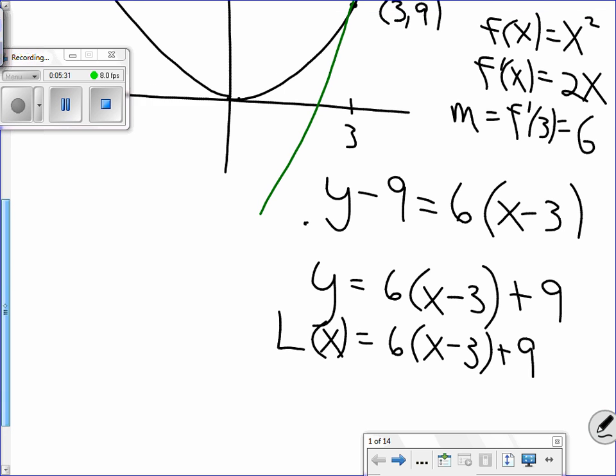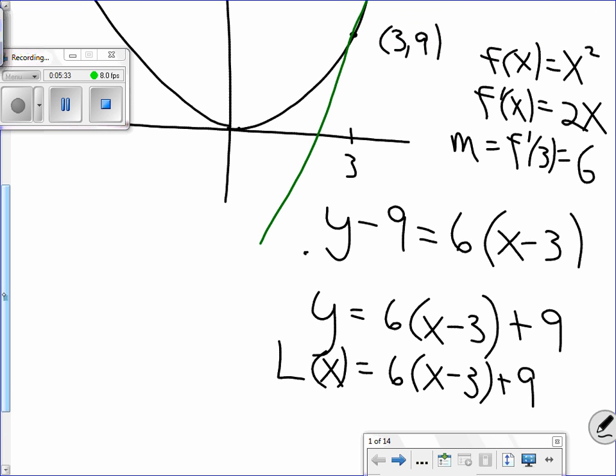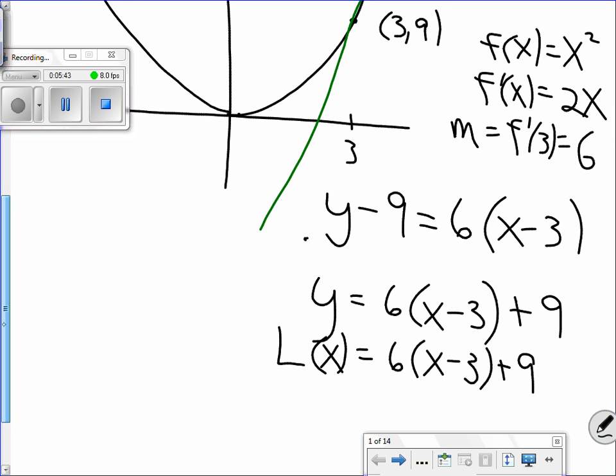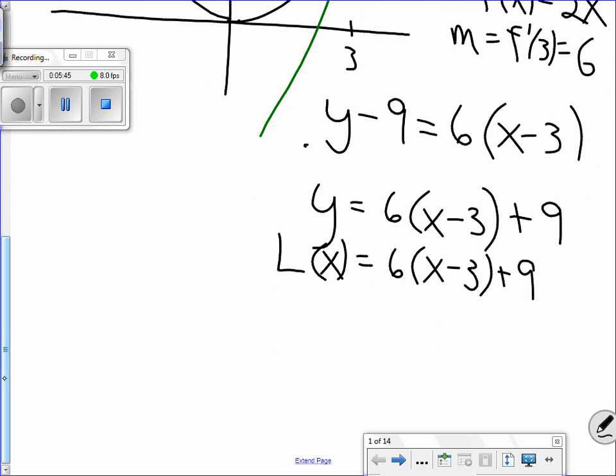So we have that, the equation of the tangent line. And then the other thing I wanted you to do was to plug 3.1 into the function and plug 3.1 into your tangent line equation. So let's first plug the 3.1 into our tangent line, and we'll be finding the y coordinate on the tangent line when x is 3.1.